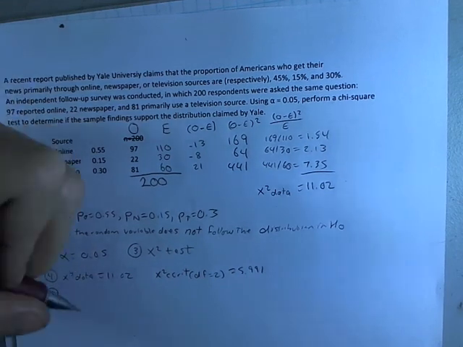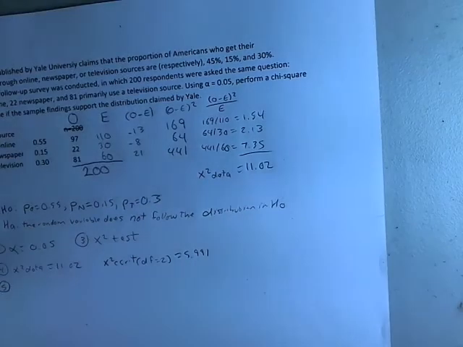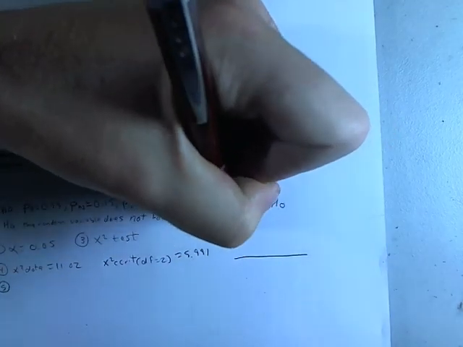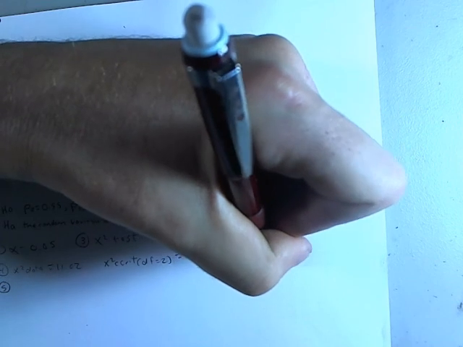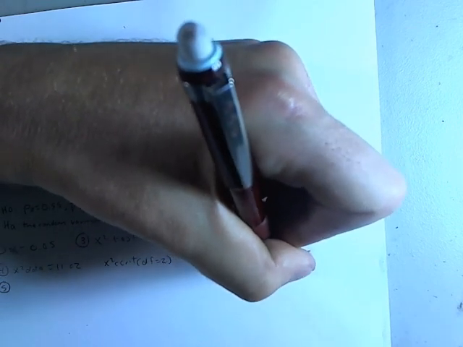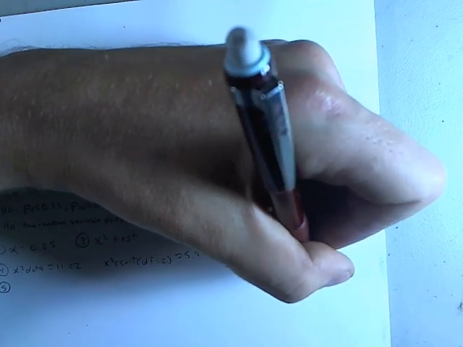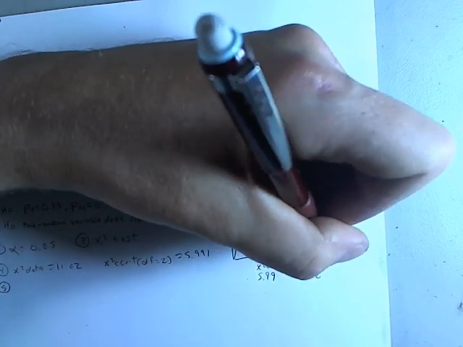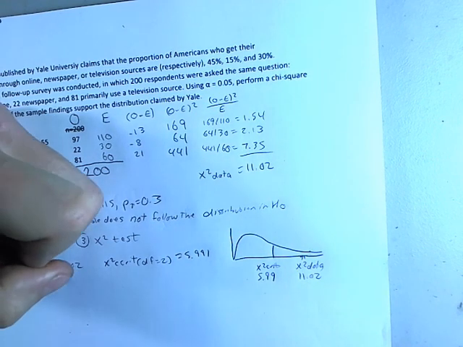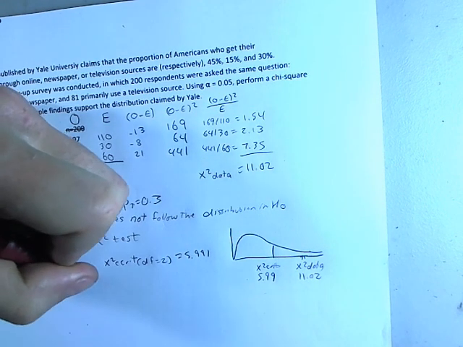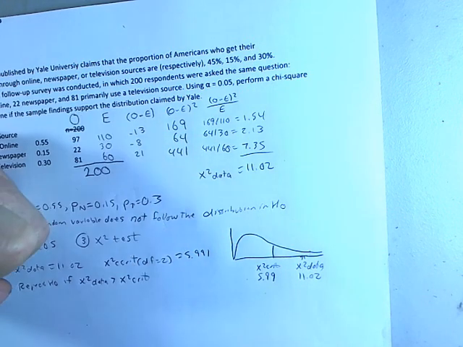So we'll move down our 7-step list here. Why don't we go ahead and sketch out our distribution. Here we have chi-square crit of 5.99, and our chi-square data is off to the right of that. Our rejection rule is reject H null if chi-square data is greater than chi-square crit.